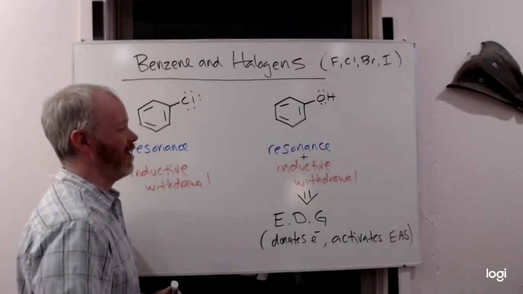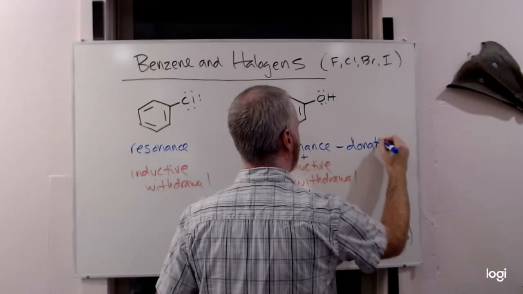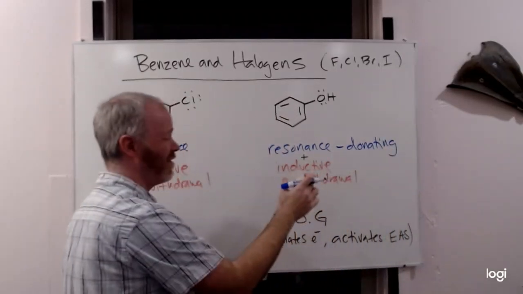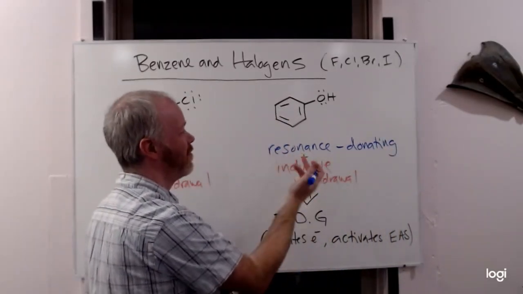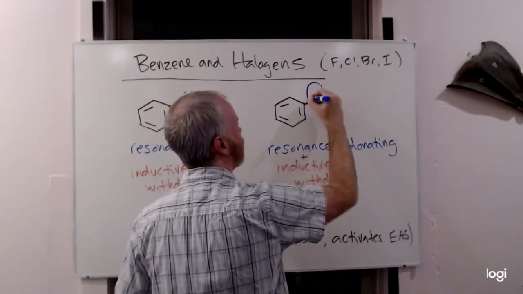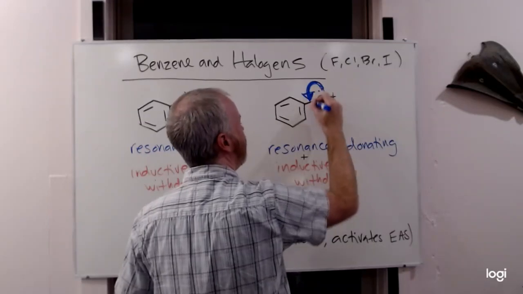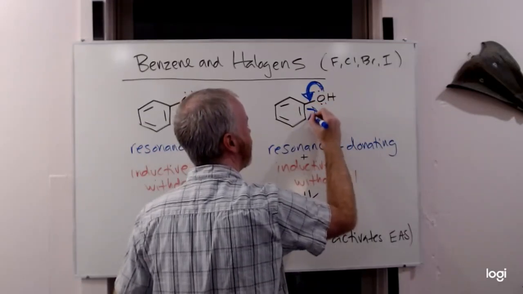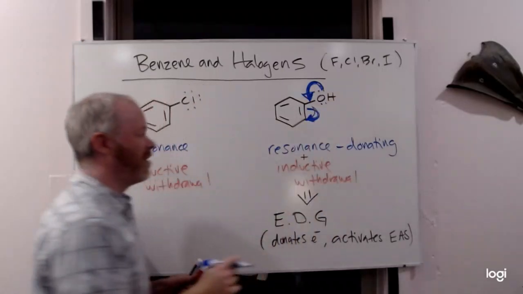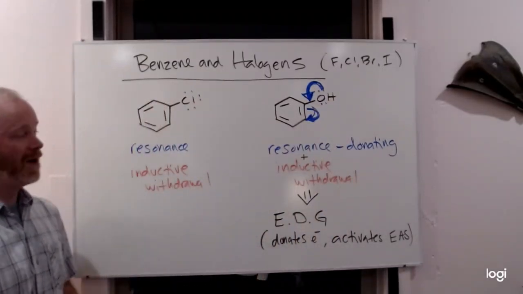So if resonance is donating and the inductive is withdrawing, the resonance must be winning. So we've got that resonance effect, which is pretty strong. Right, we're dumping electrons into the ring through resonance, right? I'm making my arrows fat to emphasize that.